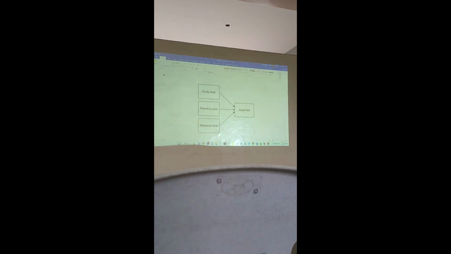Which part of the framework lets you know which one is the independent variable and which one is the dependent variable? The arrow. Yeah, I think that's a convention. We know that the variable being pointed at is the dependent. That can never be reversed. So the arrows are the labels.